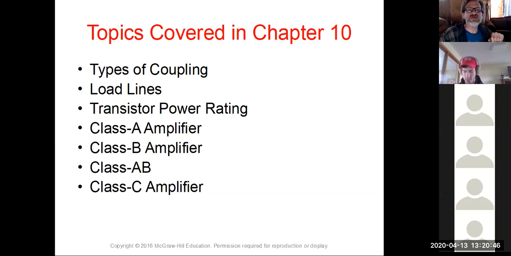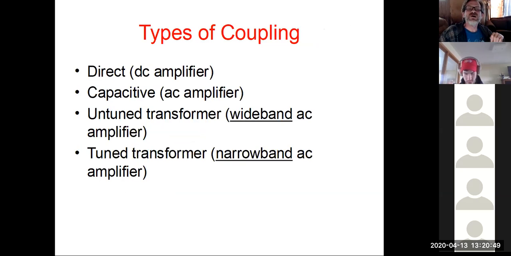So what kind of couplings do we have? You can have direct coupling, where it's just your straight DC in. And then you've seen in some of the labs where we had two voltage dividers with a capacitor in the middle, that would be capacitive coupling. Then you have the case where you have a transformer hooked into it, and it would be untuned, meaning it could pretty much take in most types of analog inputs.